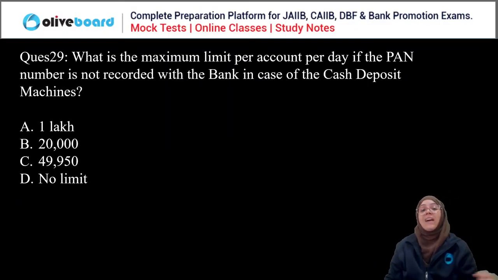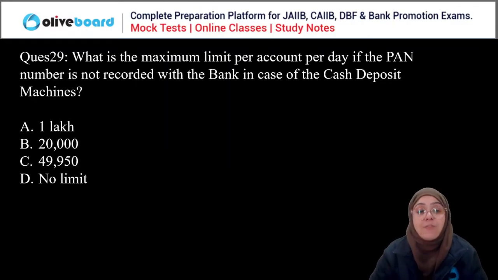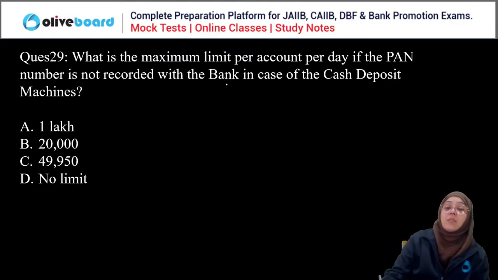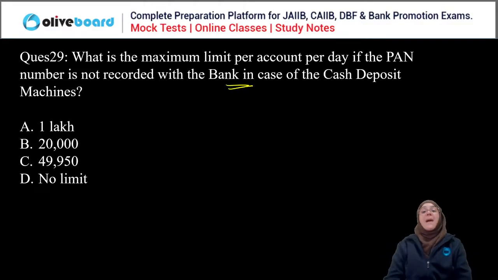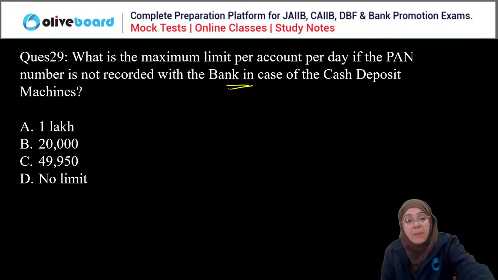Next question. What is the maximum limit per account per day if the PAN number is not recorded with the bank in the case of cash deposit machines?